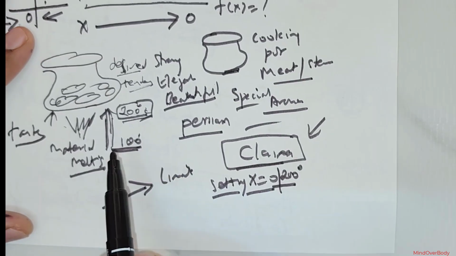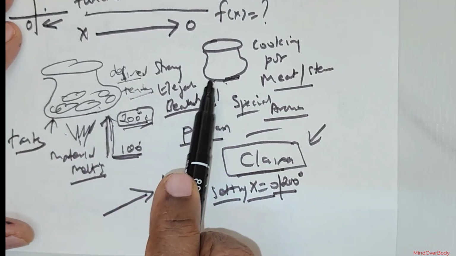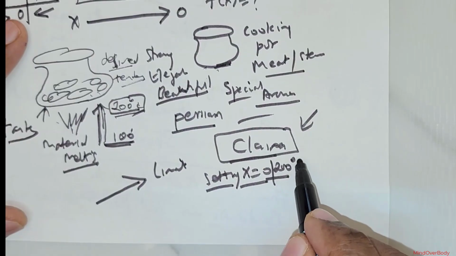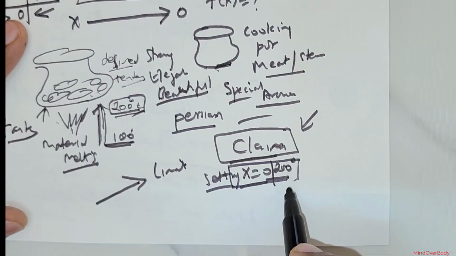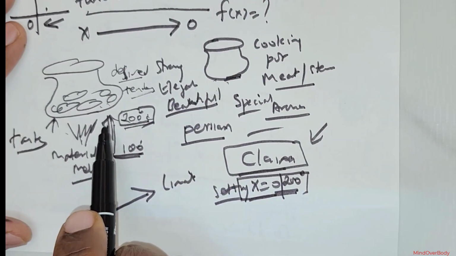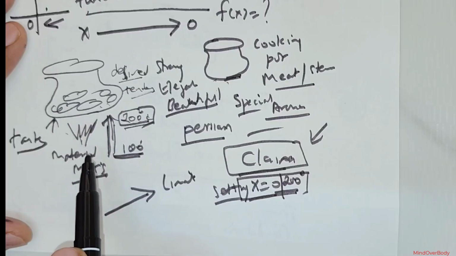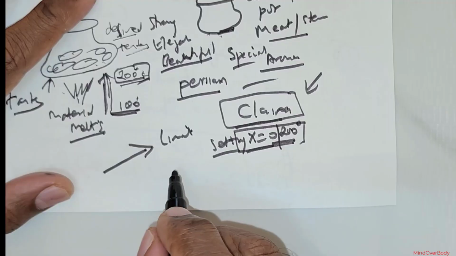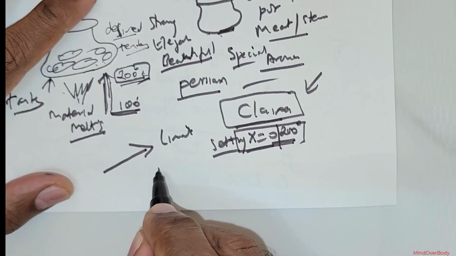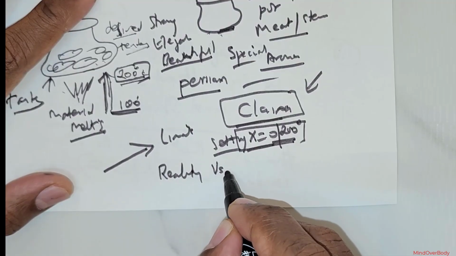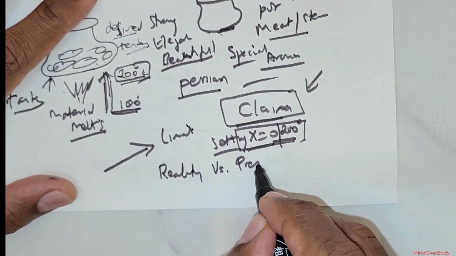But concurrently, we have to ensure that the pot remains intact. So on one end, you claim this pot can hold at 200 degrees centigrade. But apparently we see here, as we are progressing towards that mark, the pot is melting. So this is what we call reality versus presumption.